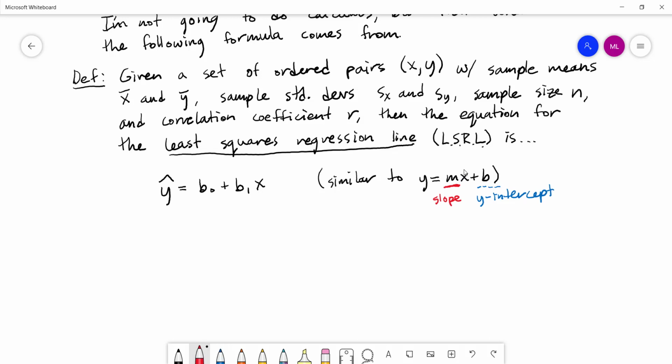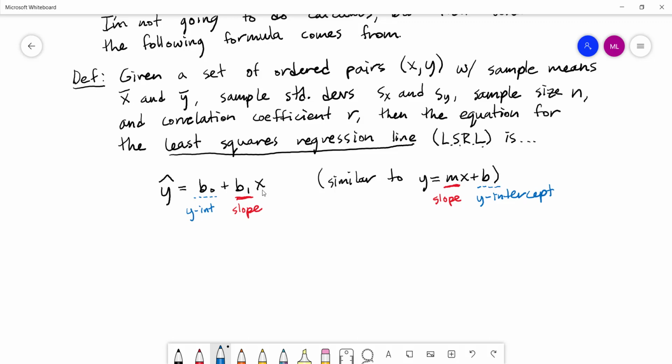So for us, the b1 is the slope. And that means the other number, where we're doing a plus, and it doesn't have an x attached to it, that must be this piece here. This is the y-intercept.